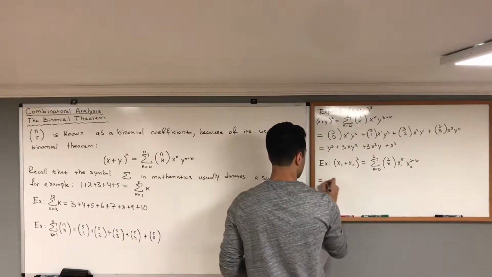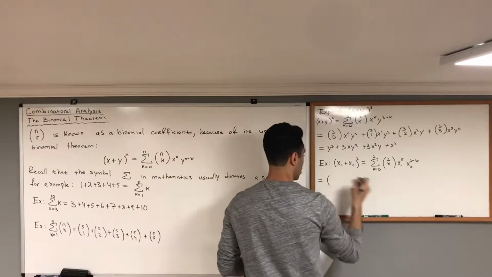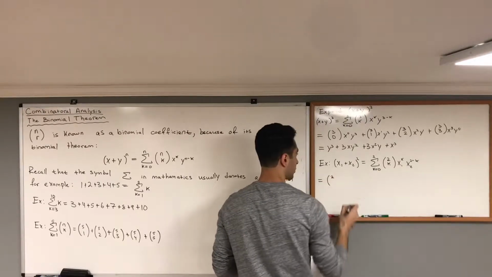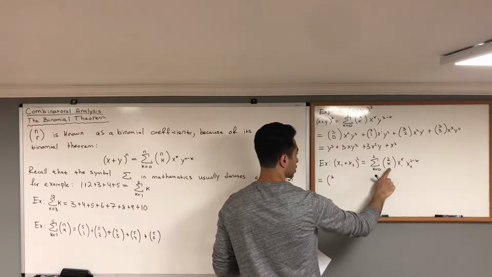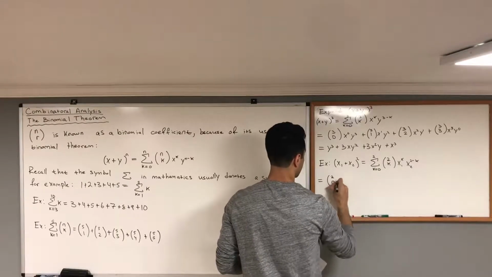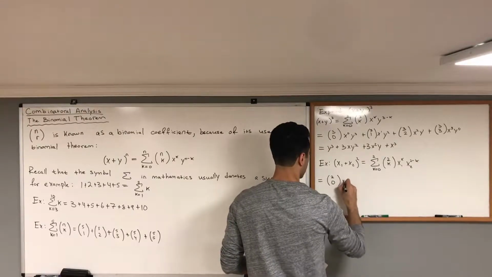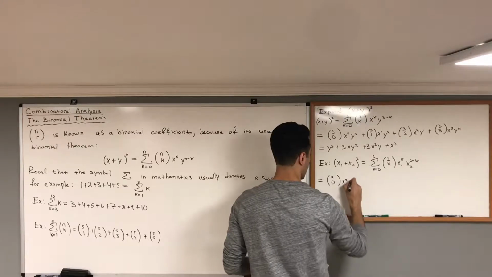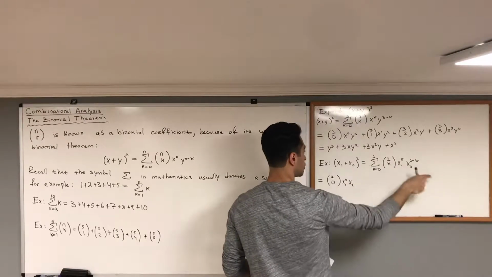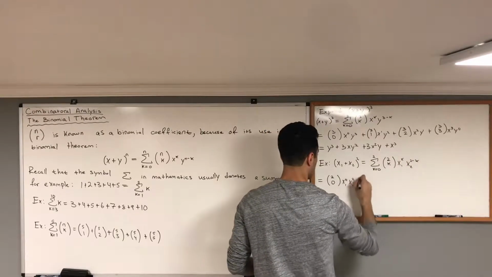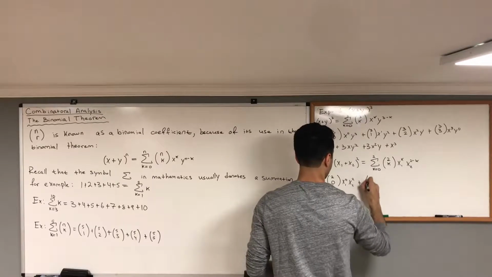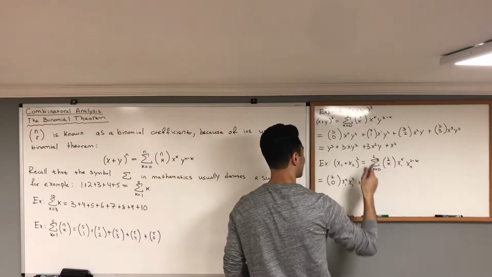So this equals, well, I start with my binomial coefficient. 2 always stays there. My k is changing. It starts at 0. So I put a 0. x1 to the 0, and x2 to the 2 minus 0, which is 2. Plus, remember, the k always has to finalize at the end.